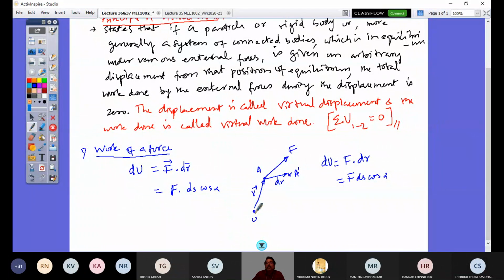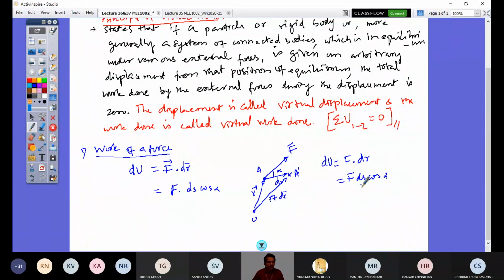Then the change in position is given by dr due to the action of this force vector on the particle A. And where the angle included by these two is angle alpha, then I can define my work done due to this finite displacement dr as F dot dr. It is defined as F ds cos alpha.